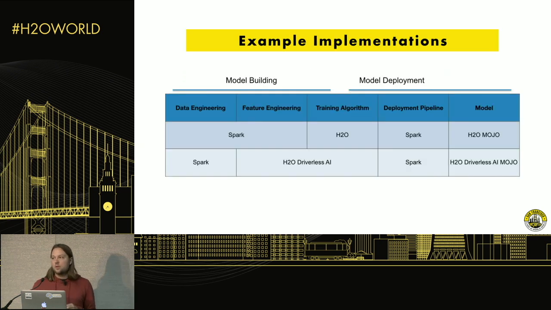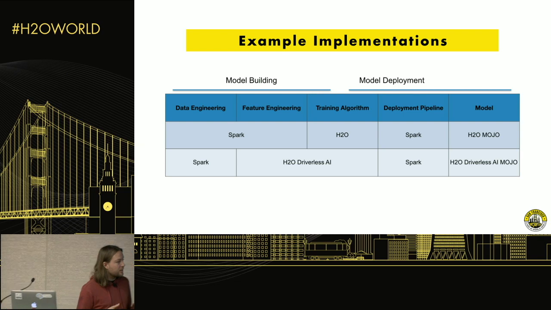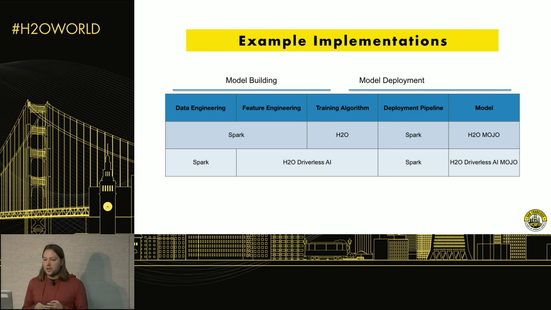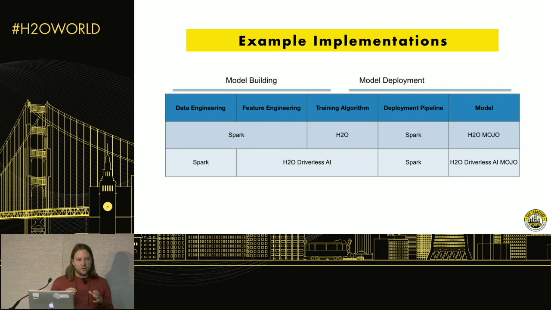What we are going to cover today are our 2 implementations of this machine learning lifecycle. The first one is about using Spark Motor and H2O. We will use Spark for both data engineering and feature engineering, and H2O for model training. The pipeline code which we will use for deployment will be Spark, and the model will be an H2O Mojo.